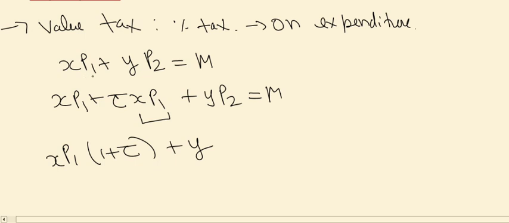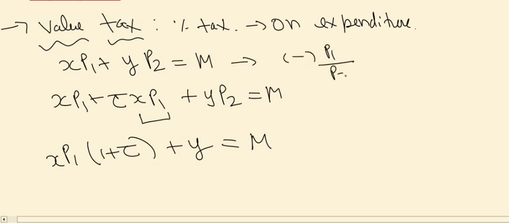The original slope of the budget line before the ad valorem tax was p1 by p2, but now after the imposition of ad valorem tax, we get the slope to be (1 plus tau) into p1 upon p2. So naturally, the slope has increased, the budget line has turned steeper.